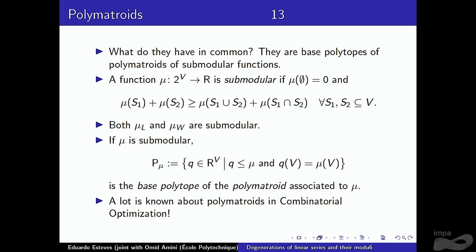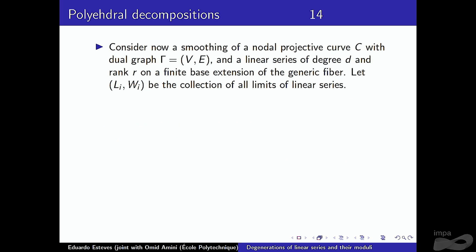So what we do now then, we're considering linear series, we're considering the limits, which consist of limit sheaves, but also the limits of the spaces of sections. And what we can do, just as Kapranov did, is consider the collection of all these limits of linear series of a linear series on the generic fiber.